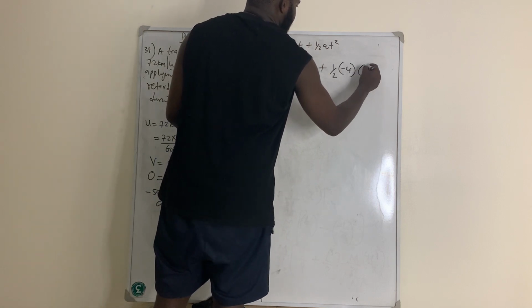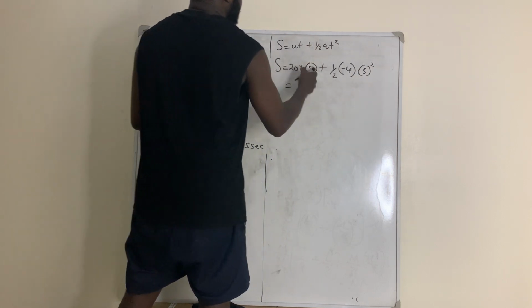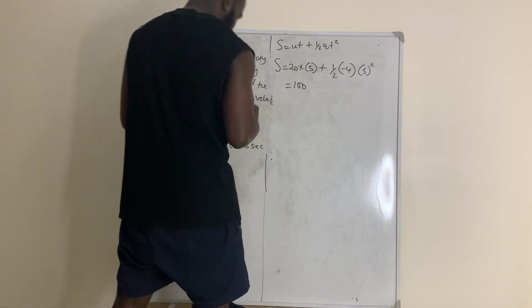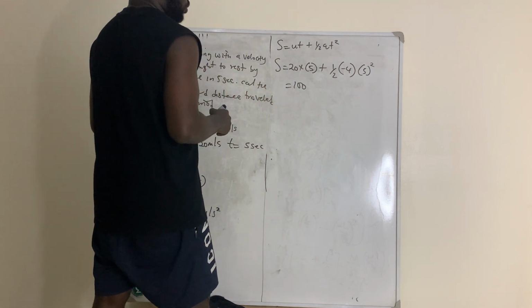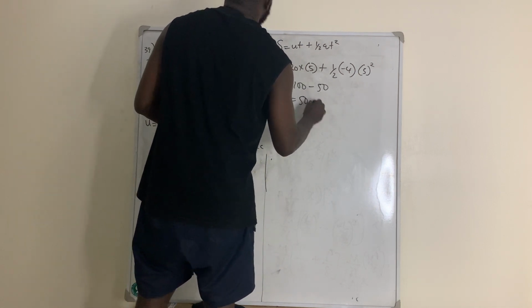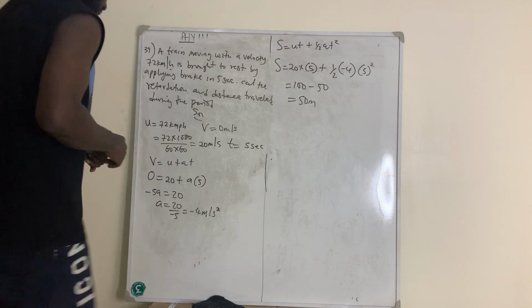So this gives 100, and then 25 times 2 gives 50. So 100 minus 50 gives 50 meters. Okay, so that is that.